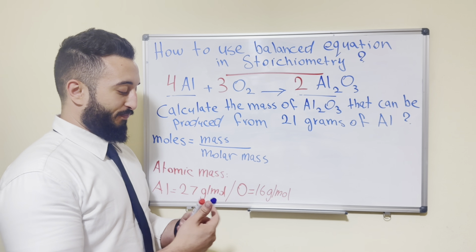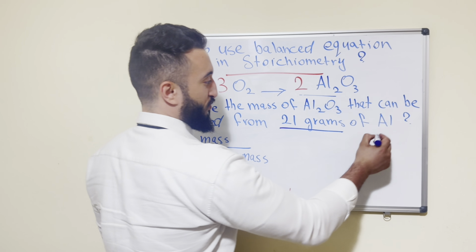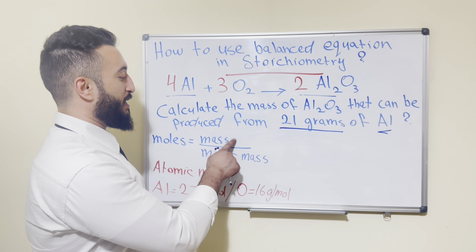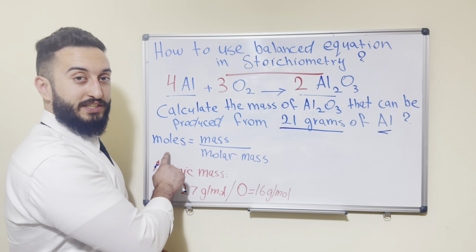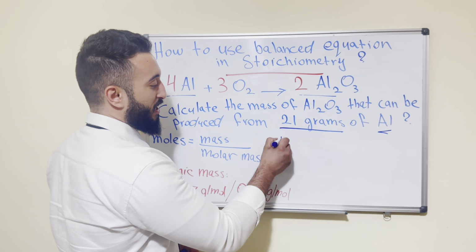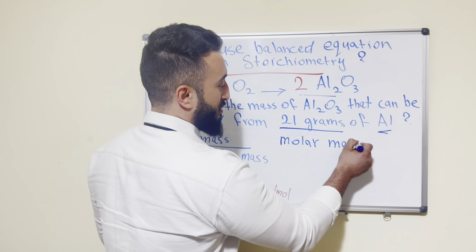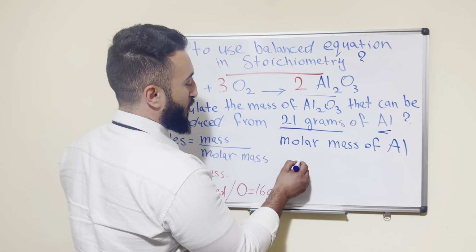So first of all, we have a given number which is 21 grams of what? Of aluminum. So if we have the grams, which is the mass, we can calculate the molar mass to get what? To get the moles. So the first step is to calculate the molar mass. So the molar mass of aluminum, it will equal what?